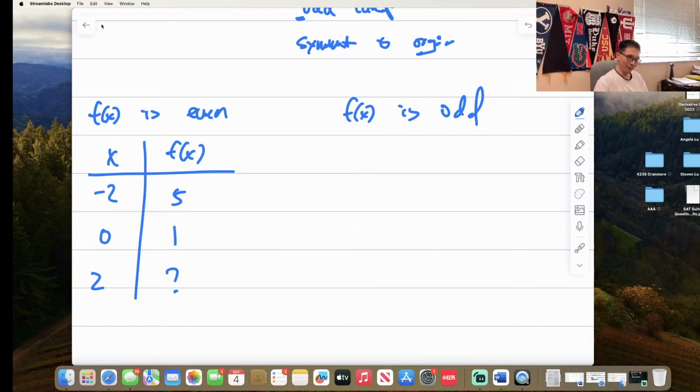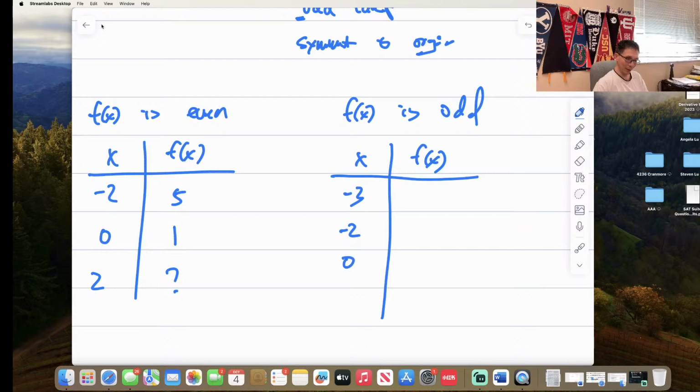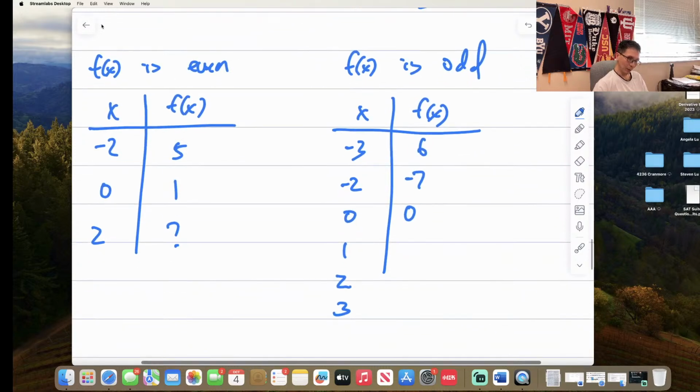Okay, so if x is odd, then let's say it's -3, -2, 0, 1, 2, and 3. And this is 6, this is 7, -7. This is a 0. What will be 1 is 5, and what will be these 2 numbers here? 7 and -6.